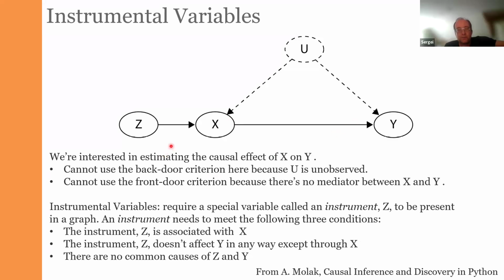So the instrumental variable is a very special type of causal analysis where we introduce a special variable called an instrument, and the instrument has to satisfy three conditions.